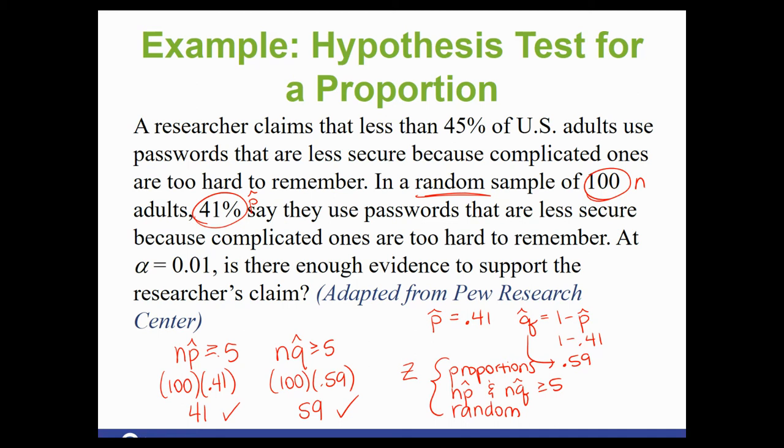Now, before I flip it to the next slide so we have some space, when it comes to writing our hypothesis, we said that we are claiming that we are less than 45%. So less than is going to be our claim for our problem with that 45%. We've already marked our sample proportion and our sample size. We also were given our alpha of 0.01.